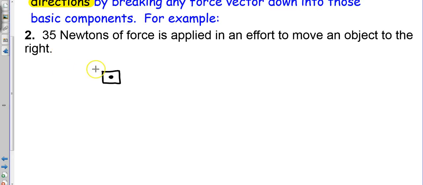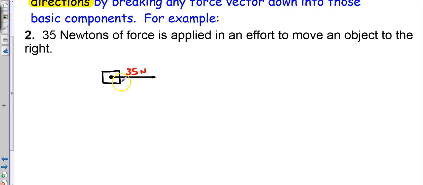This may be a little bit different than what you've seen in the past, but when we draw these forces relative to the object that they're being applied to, we actually start from that center of mass, that center point, and draw it in the direction that it's being applied. We don't draw the force coming into the center of the object. We stem from the center of mass, out from that particular point.